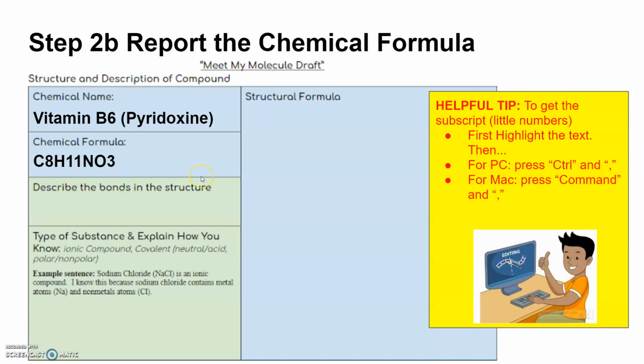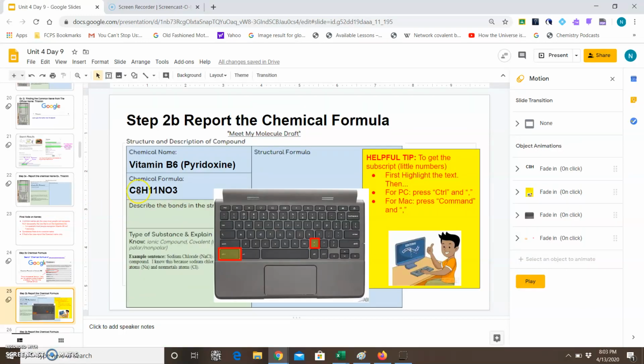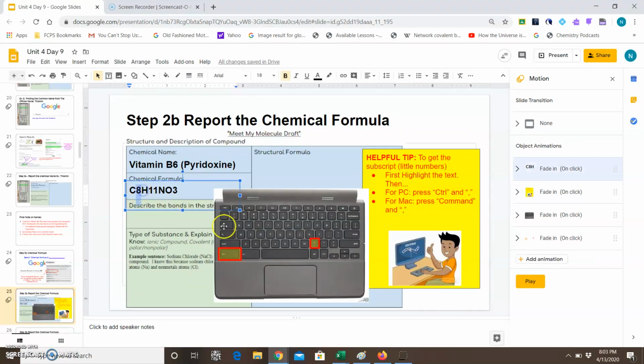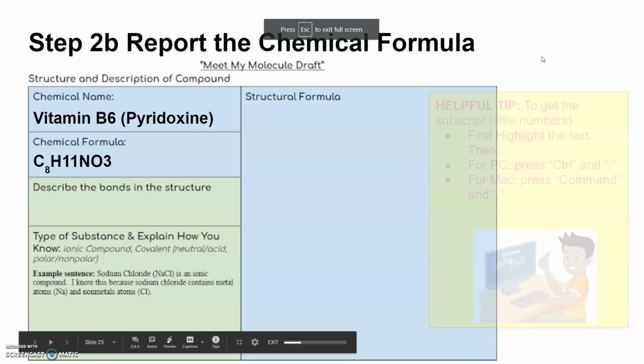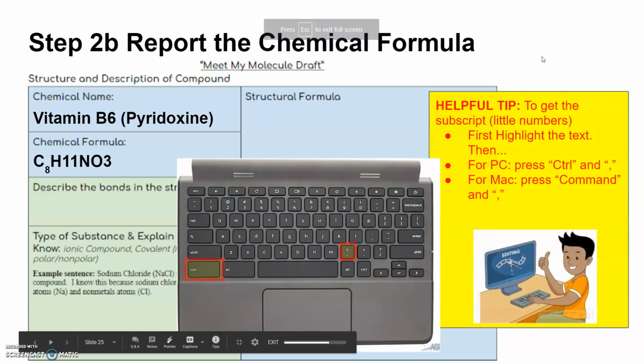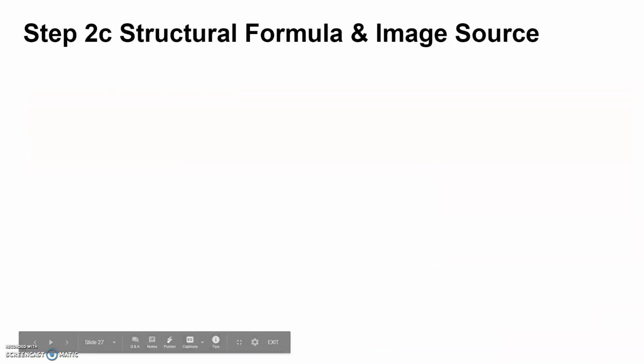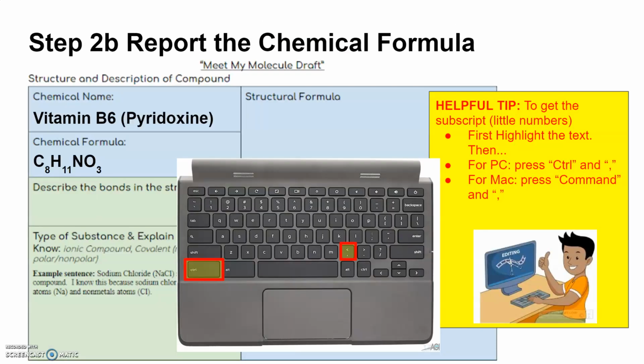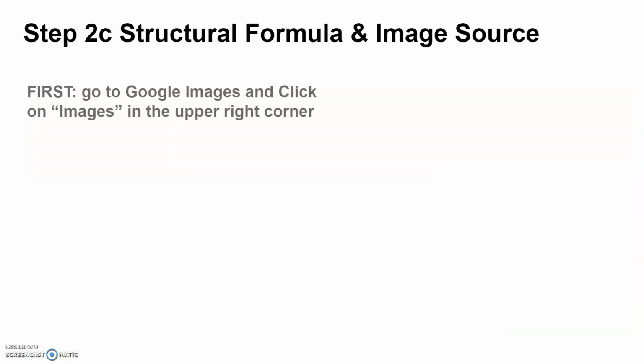So you would highlight that text, and I'll just show you that real quickly right here. So I highlighted it, and then I'm holding down Control and comma, and it makes it into a subscript. So when I do that for all of them, I get this, okay? All right.